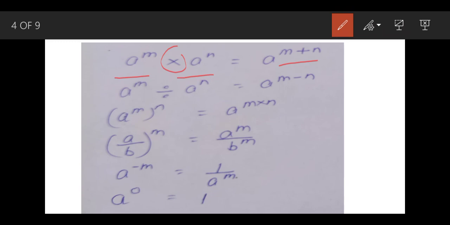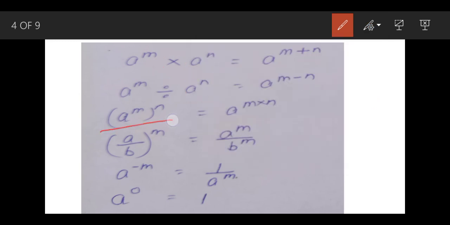Now, if a to the power m is divided by a to the power n, here the base is the same, a. Case of division, so powers will be subtracted. Again see, if the base is the same, case of multiplication, powers will be added. Base is the same, case of division, powers will be subtracted.